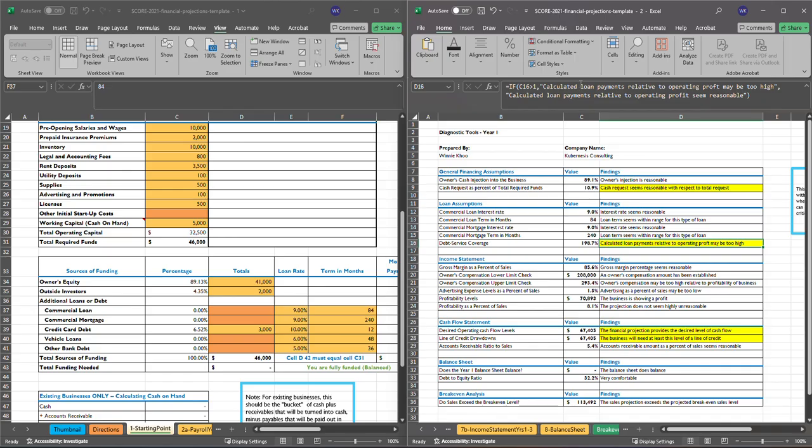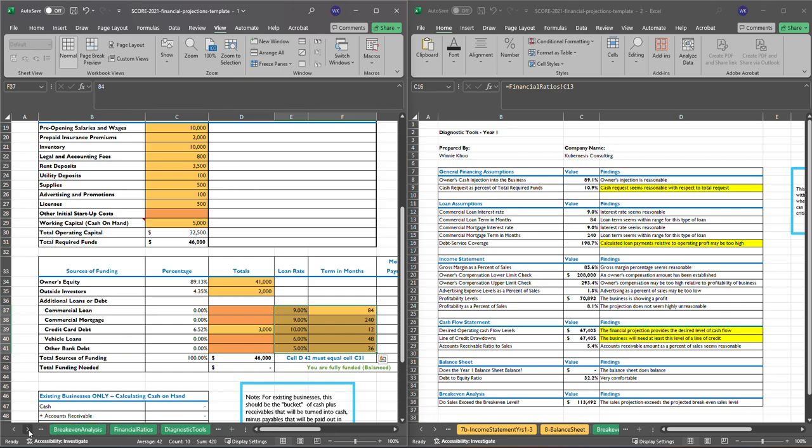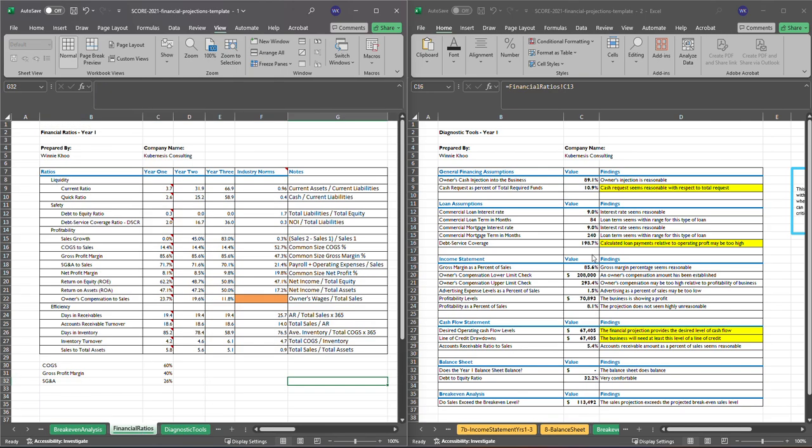For this, I actually disagree with the findings, and Google also would agree with me, and here's why. This is coming from the financial ratios. I think I talked about this in the video about the ratios. So this comes from 13.